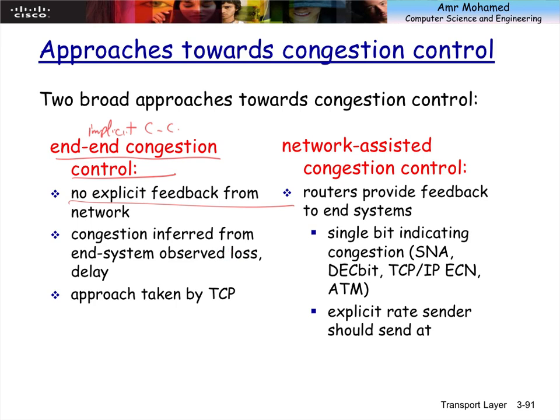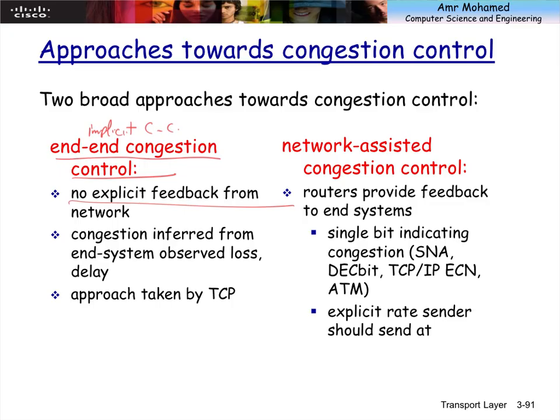Congestion here is inferred, meaning it is actually assumed by the end system from observed loss or delay of segments. So we have these indications: either a timeout or fast retransmission, or 3 duplicate ACKs.